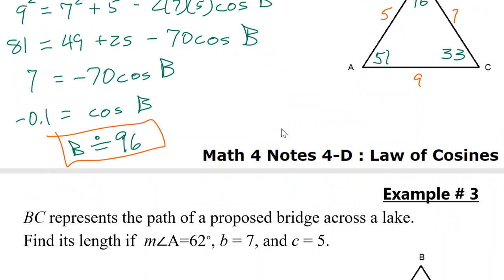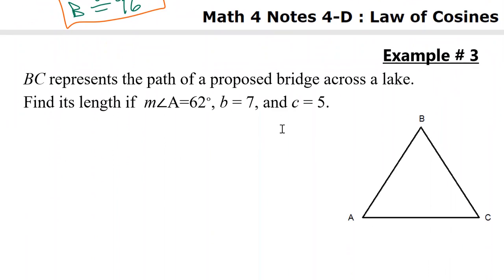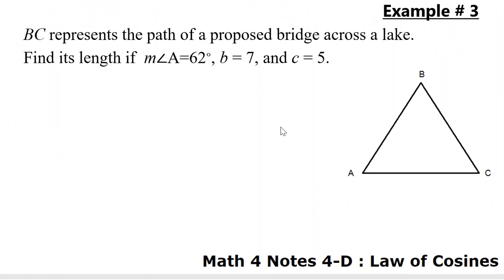Okay. One last problem from the real world is if they're asking us to find the length of segment BC, that is the moral equivalent of little a in this problem. And so we have big A and we're looking for little a.